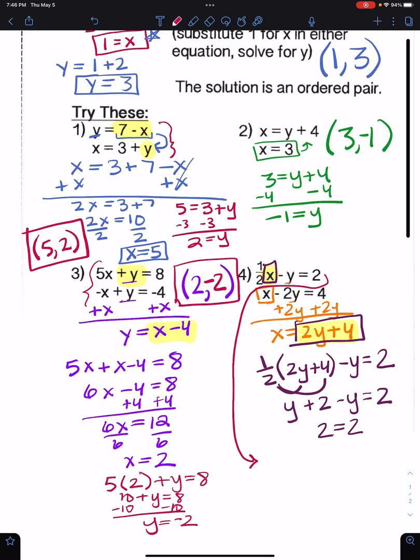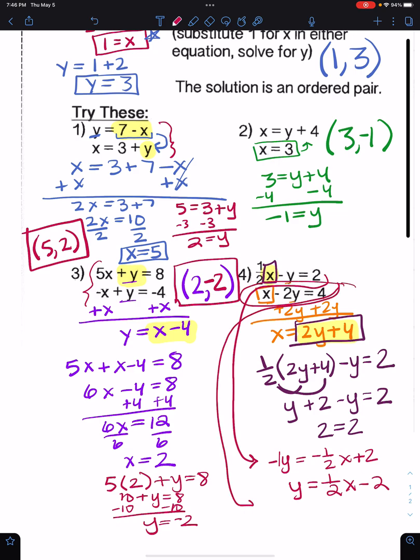We would have to subtract 1/2 x from both sides. And then we'd have to divide by -1 because that's like having a coefficient of -1. If we divided everything by -1, we'd have this. And then this guy over here, we wanted to make this one in slope-intercept form.